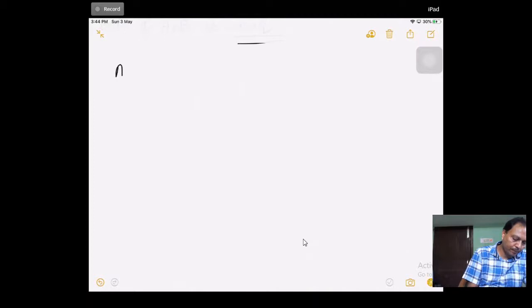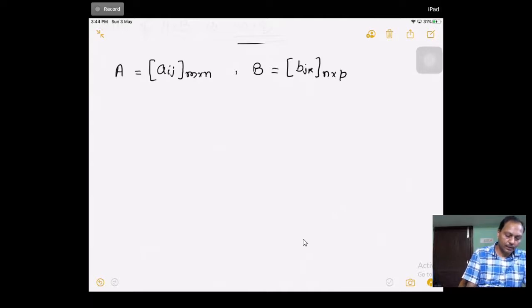Let A be a matrix of order m by n, and B be another matrix of order n by p. You can see the number of columns of A and the number of rows of B are equal, so we can multiply here.